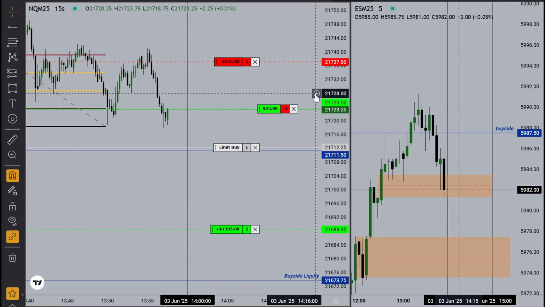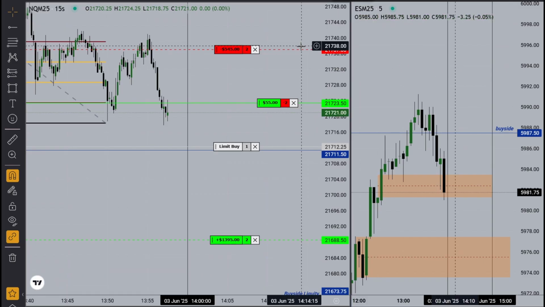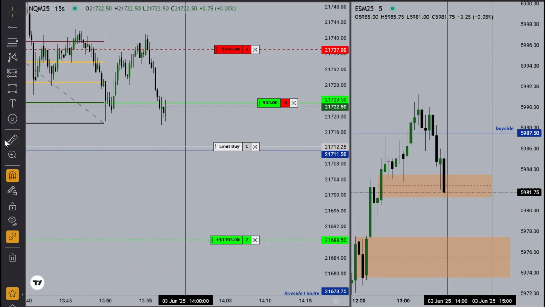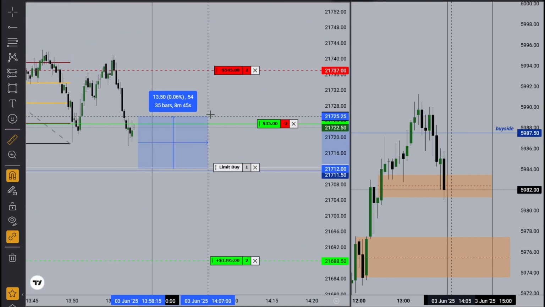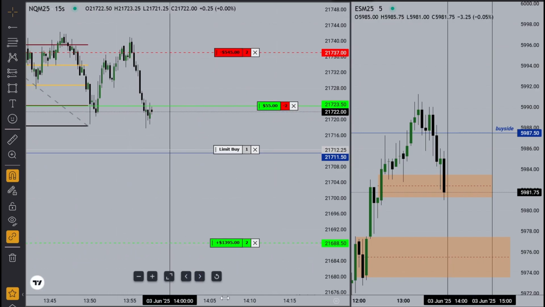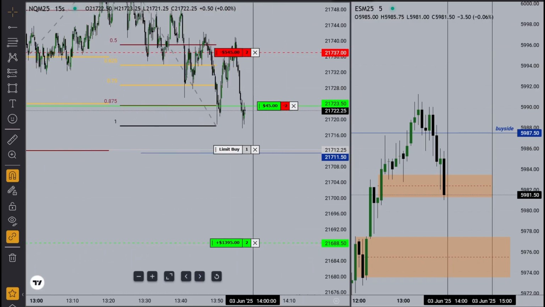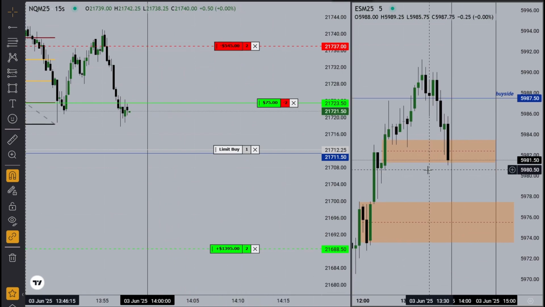Let's just see what happens now. As you can see, we took the previous low. We don't want to see the market close up. We want to see the order block of the previous low hold that order flow.